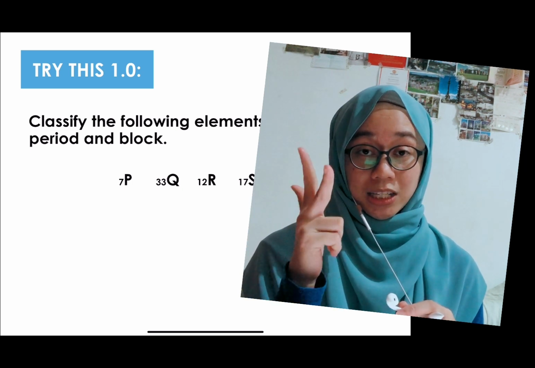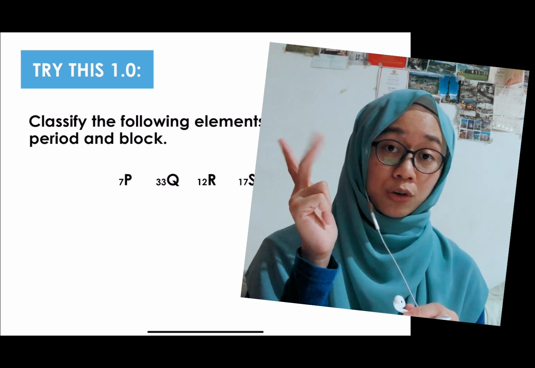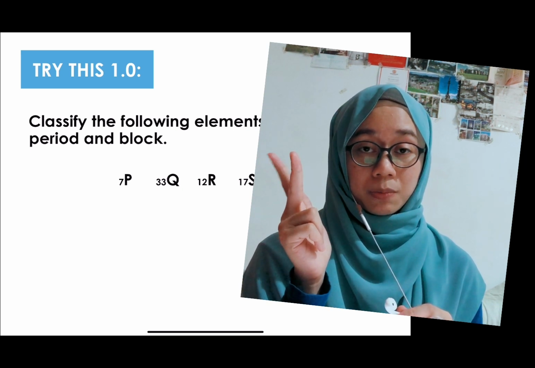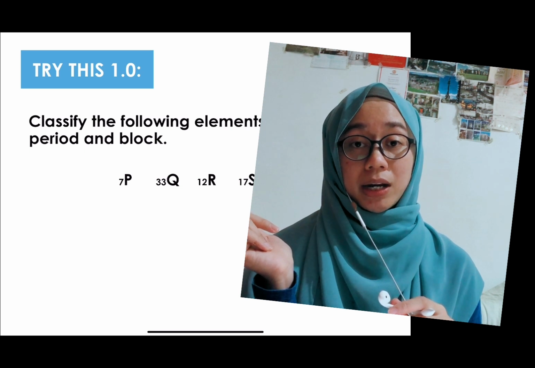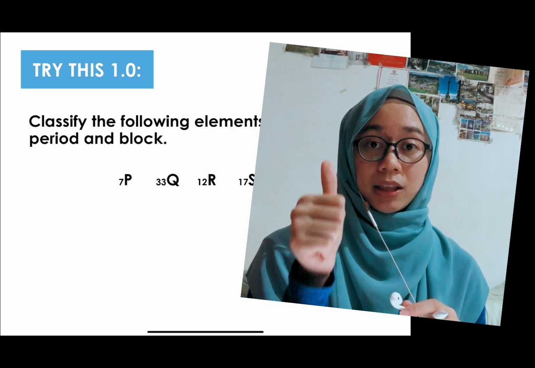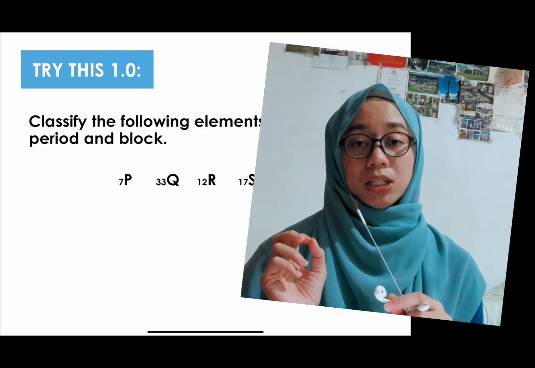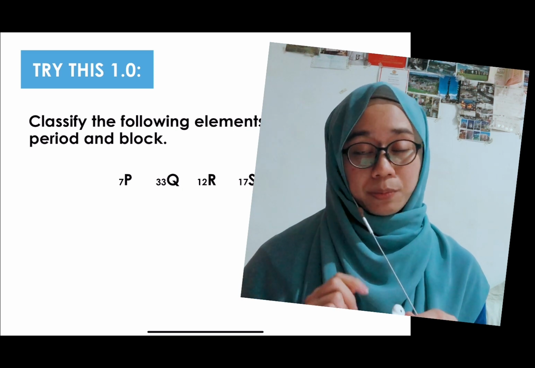Jangan lupa kalau it is in P block elements, therefore untuk determine the group, the number of valence electron kena tambah dengan 10. Tapi if the elements are S ataupun dalam D blocks, therefore you can immediately guna the number of valence electron adalah sebagai the group number.